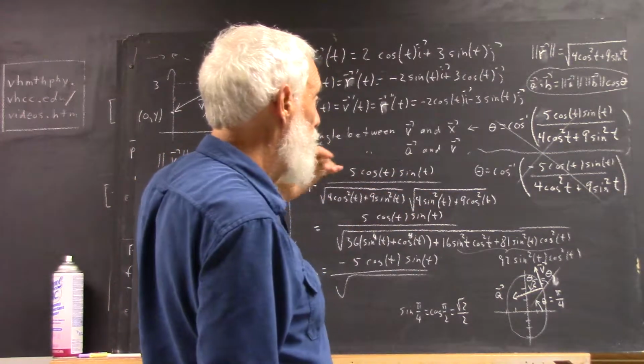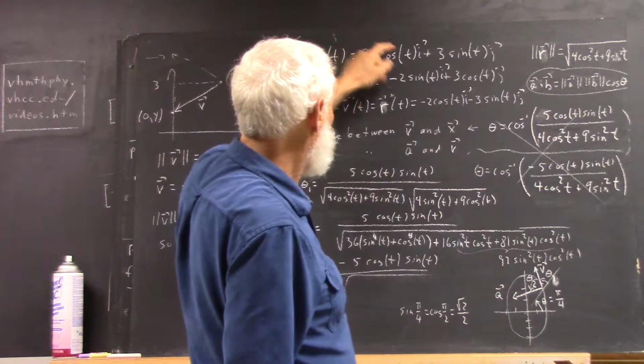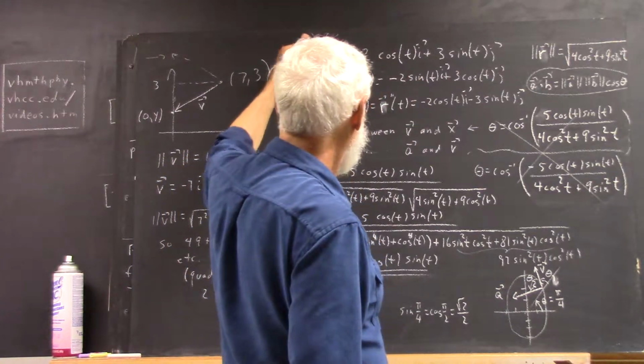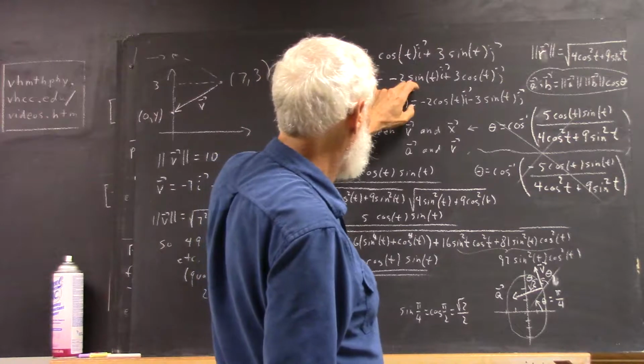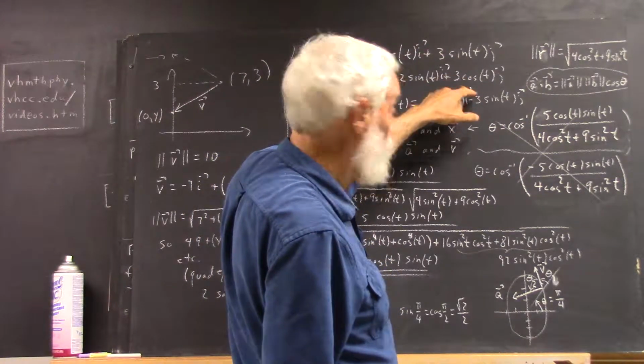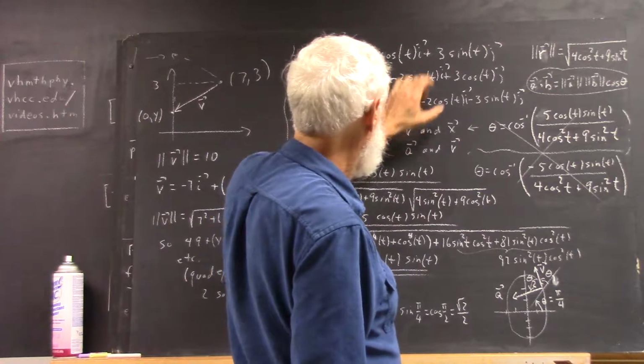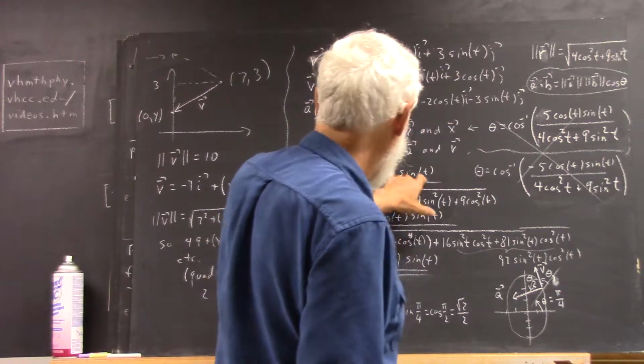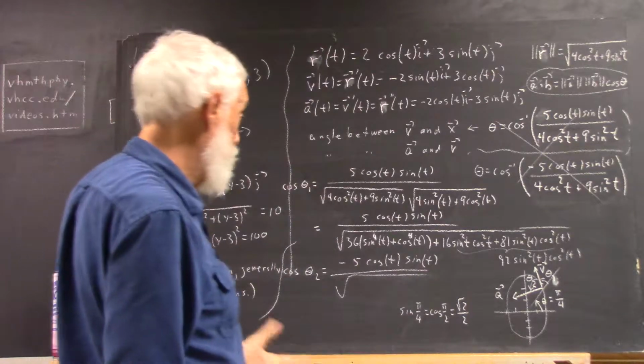The dot product of the r vector and the v vector is this times this plus this times this. Each one gives you a cosine times a sine. You have a negative 4 on this one and a 9 on this one. It gives you 5 times the cosine of t times the sine of t.